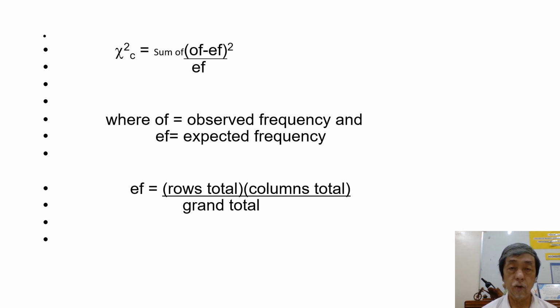The observed frequency is the set of data that you have collected, shown in the table of observed frequencies, while the expected frequency is equal to the rows total times columns total divided by the grand total in the table of observed frequencies.